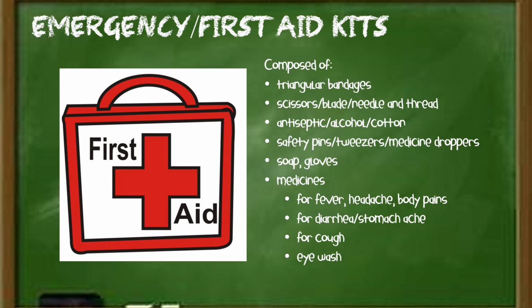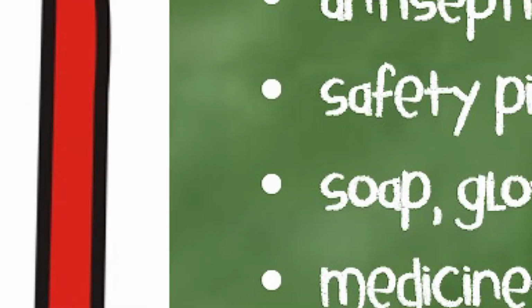It shall have triangular bandages, a scissors or blade, or needle and thread, antiseptic or alcohol or cotton, safety pins or tweezers or medicine droppers, soap and gloves, medicines for fever, headache, body pains, for diarrhea or stomach ache, for cough, and eye wash.